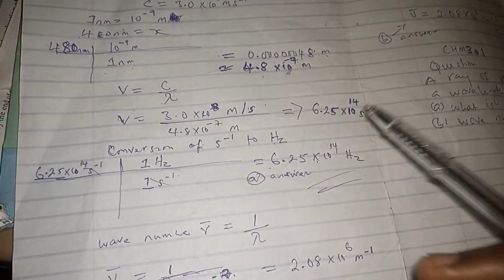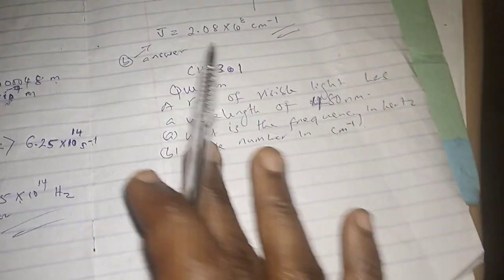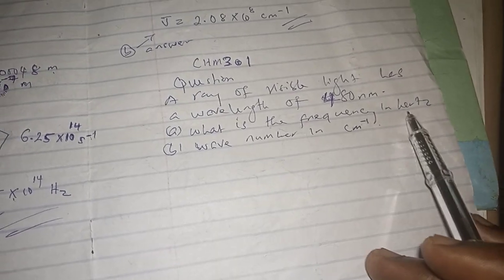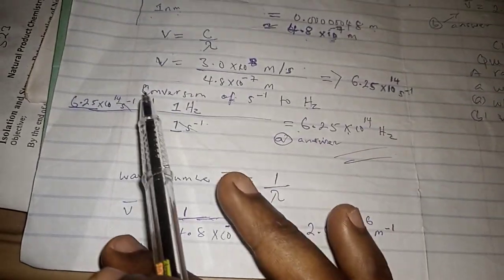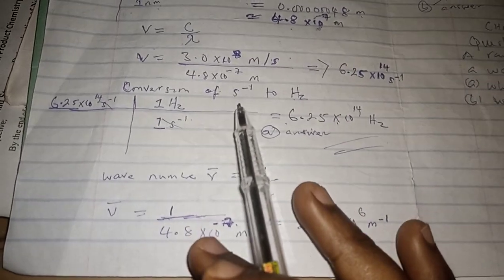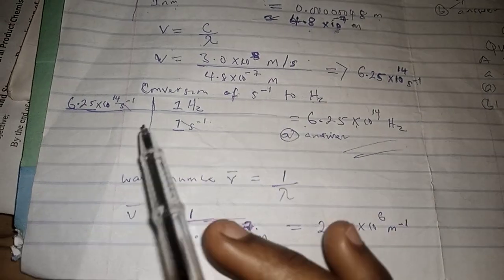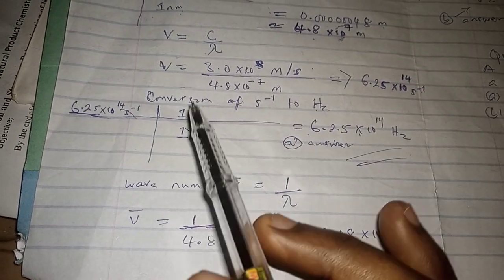However, you've been asked in the question to calculate the frequency in hertz and not in per second. And because of that, we use a conversion factor again: 1 per second is giving you 1 hertz.